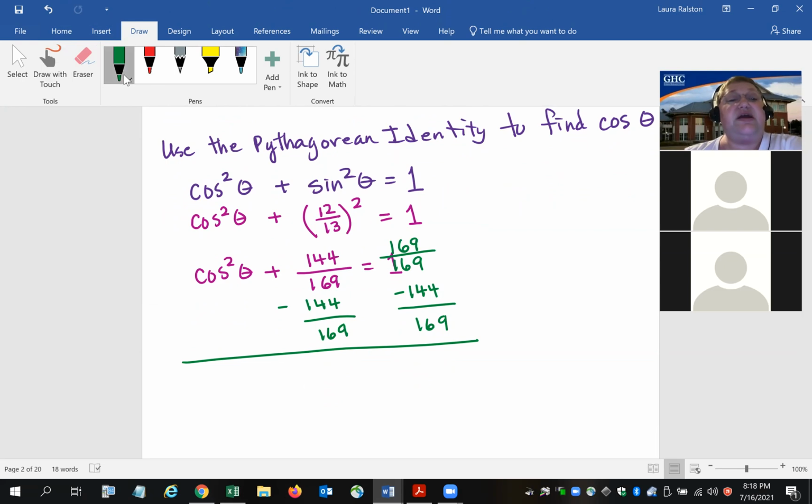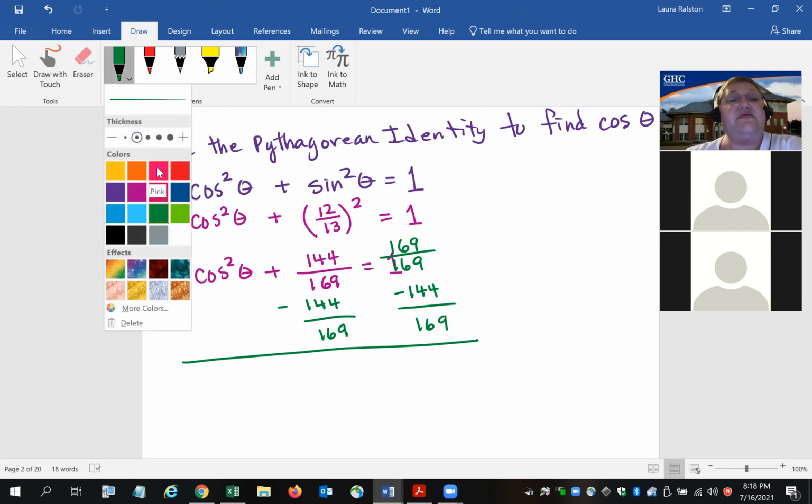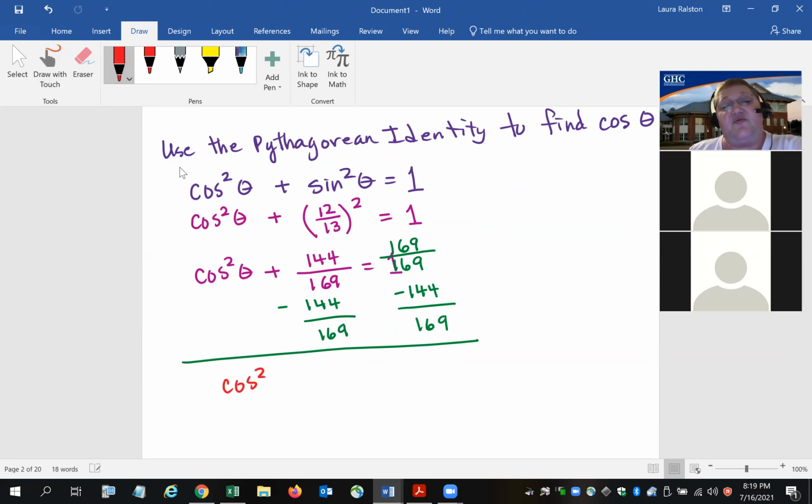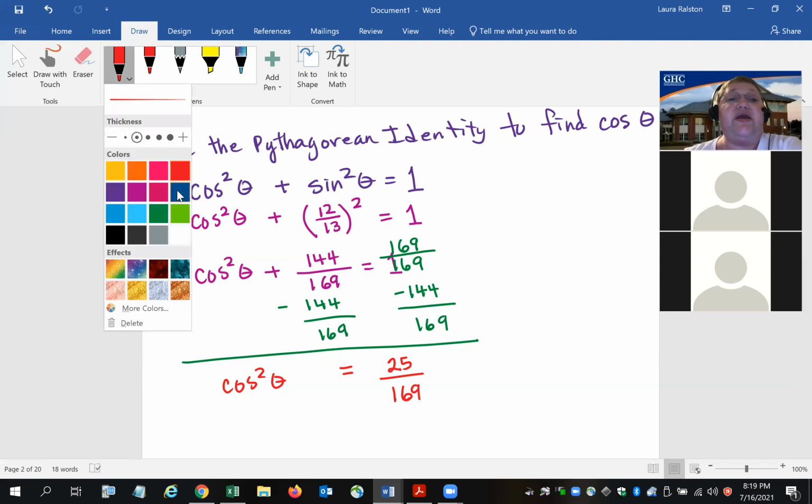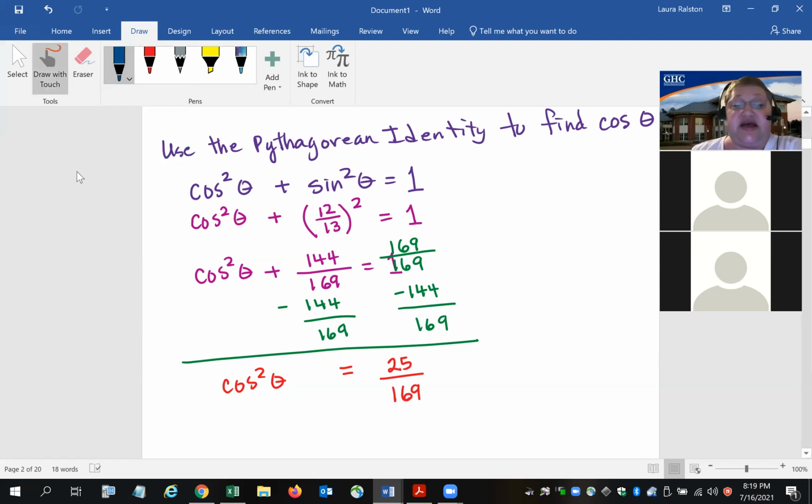So we're left with cosine squared theta equals 169 minus 144, which is 25 over 169. But that's cosine squared. We want just plain old cosine.